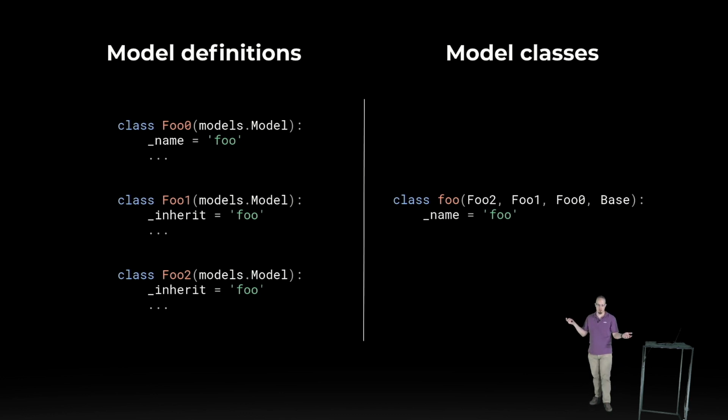So here, for instance, we have 3 classes, foo0, foo1, foo2, and you can think of them in different modules, for instance. Foo0 is the initial model definition, and the other ones are extensions or overriding of methods, for instance, or extension with more fields, more constraints, and so on.